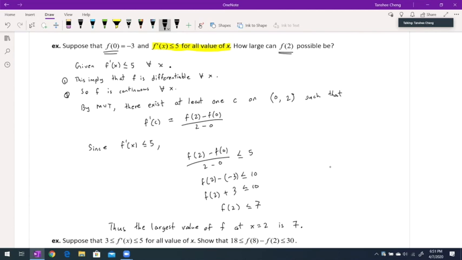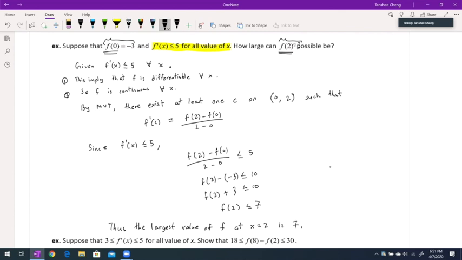The slope of the secant line actually requires two ordered pairs. I have one ordered pair right here, and I need to find the other ordered pair, that's what the question is asking you. What is f of 2 going to be? So I know that the change in x, the interval in x coordinates, will be from 0 to 2. That's how I got my interval right here, 0 to 2. Are we all following so far?